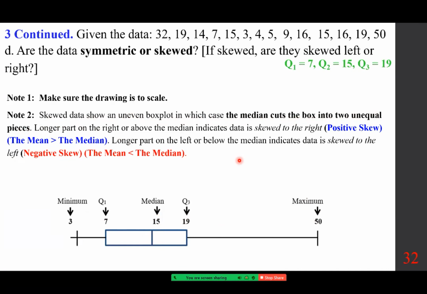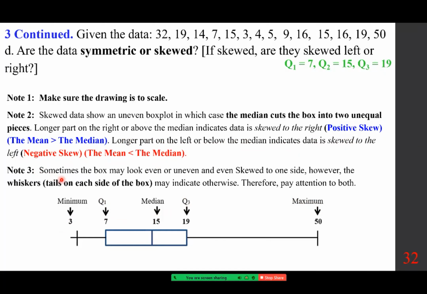Longer part on the right or above the median indicates data is skewed to the right or positive skew. In this case, the mean is larger than the median. Longer part on the left side or below the median indicates data is skewed to the left or negative skew, in which case the mean must be less than the median.